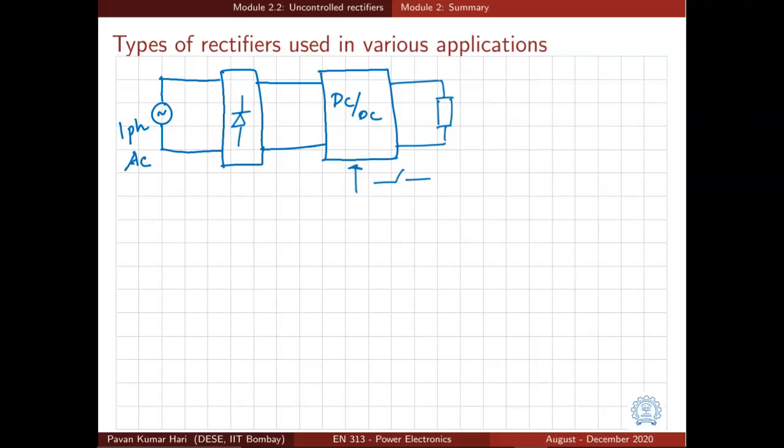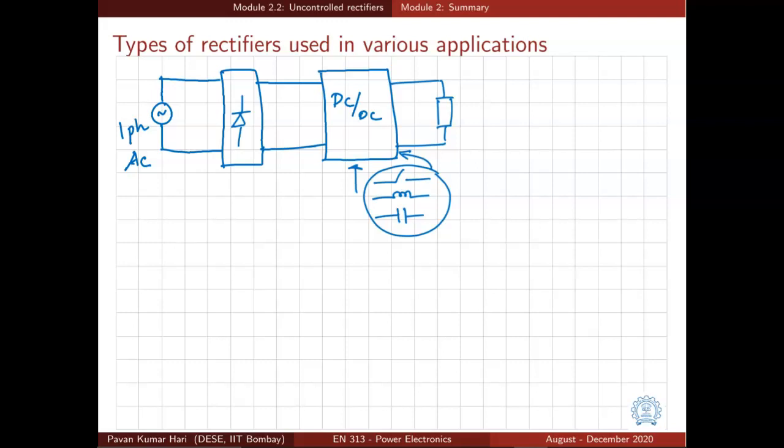The switches can be turned on or off at any time irrespective of the circuit conditions, along with inductors and capacitors. So these elements go into a DC-DC converter, and the switches in these DC-DC converters can be turned on and off appropriately based on some control objective that needs to be achieved.